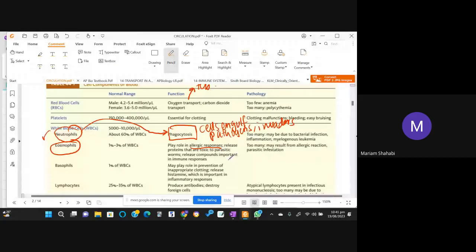Allergies जब होती हैं, when people have, let's say, dust allergies, and also जब वो flatworms, parasitic worms होते हैं ना, जैसे liver fluke, animal kingdom में liver fluke, और अभी ये filarial worm, तो इस तरह के worms के against जो immune response होता है, that is done by eosinophils. So they release compounds basically that will help in their immune response. ठीक है, just remember allergies and flatworms ये associated है eosinophils के साथ.